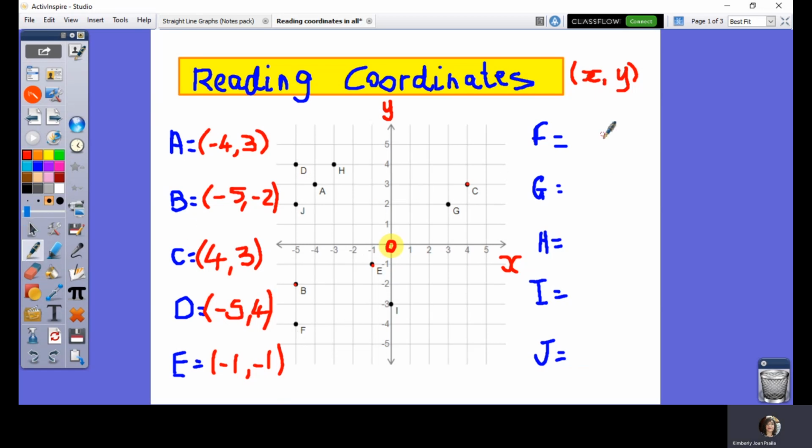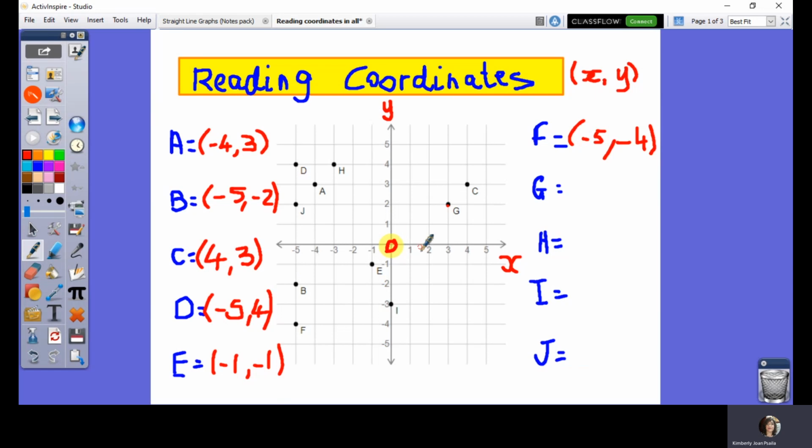So it went -5 to the left from the origin, and down 1, 2, 3, 4, which is -4. All right, so next one, let me remove these for you. Now we have letter G. G is here.